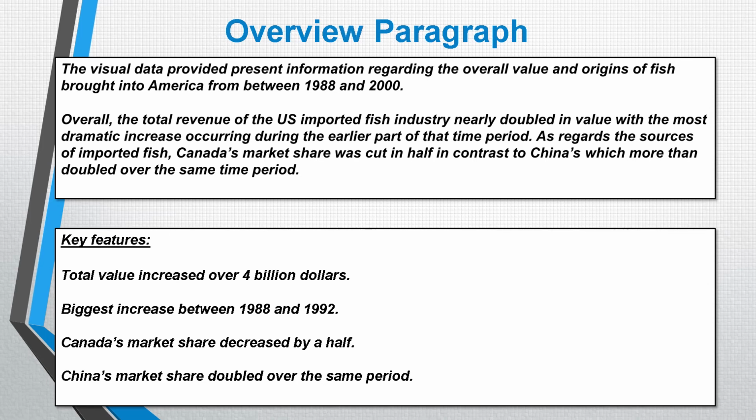So fish industry rather than fish market, total revenue rather than total value. We've gone back to saying imported fish rather than the origins of fish. So just varying the vocabulary to make sure that it shows off the different words that we do know.